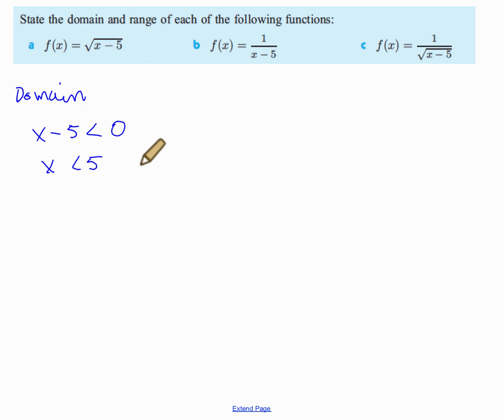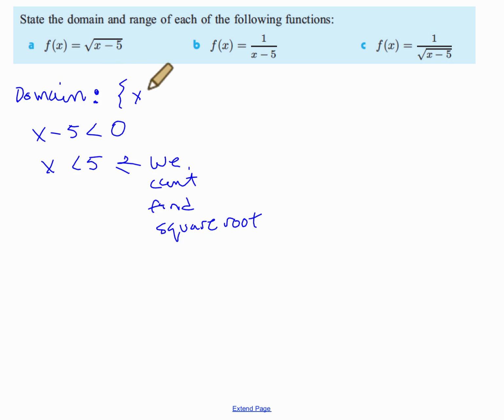So for x less than 5, we can't find the square root. So that would mean that the domain would have to be greater than or equal to 5. Set of x such that x is greater than or equal to 5.